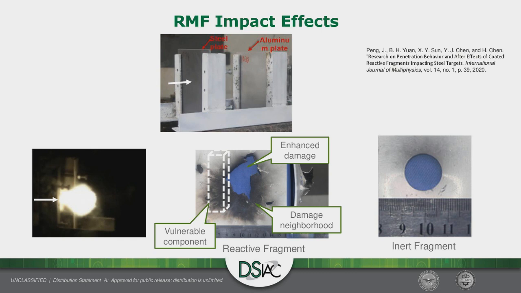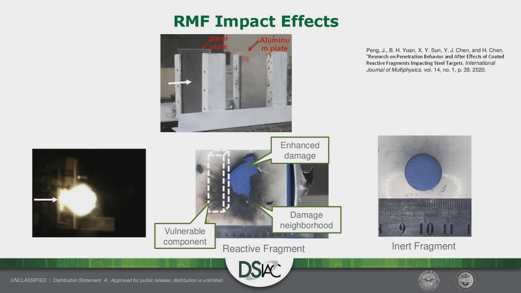In this case, there were about 70 grains, 4-gram projectiles, and they were impacting at around 1,250 meters per second. You can see from this picture over here on the lower left, you get this tremendous luminous effect. So there's a lot going on here.